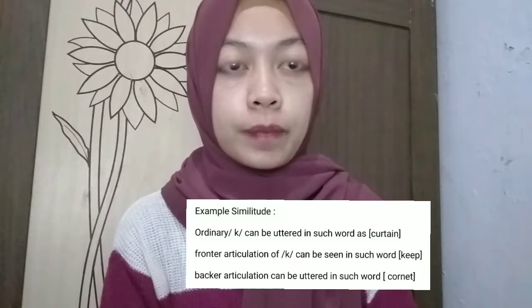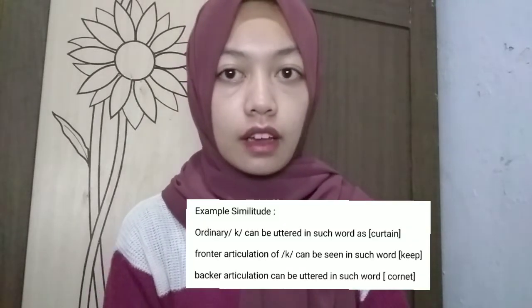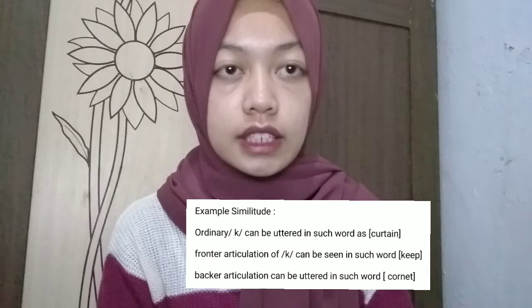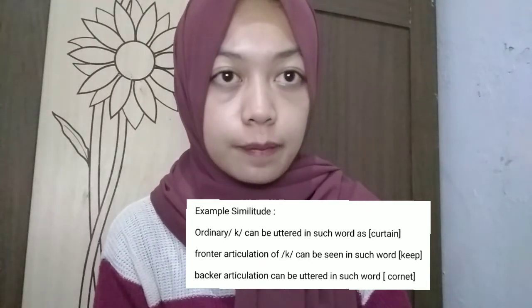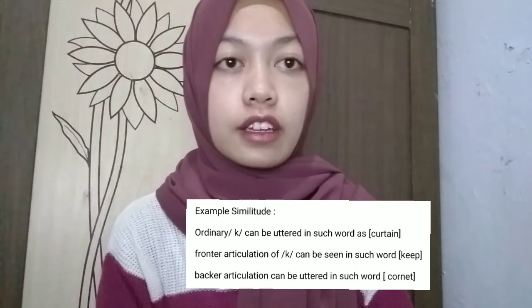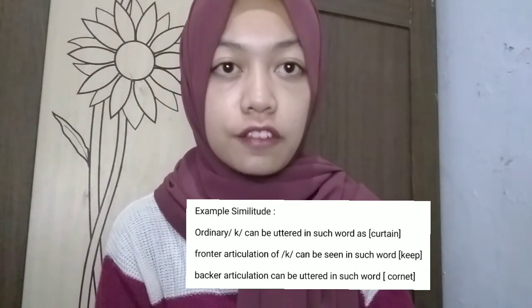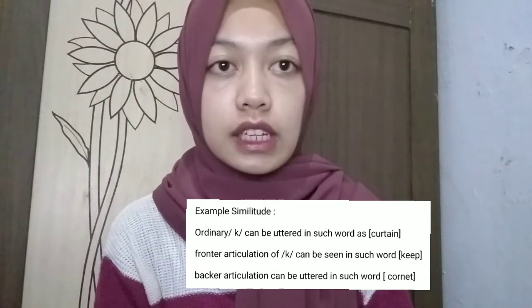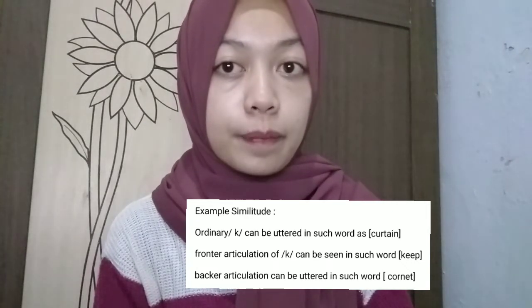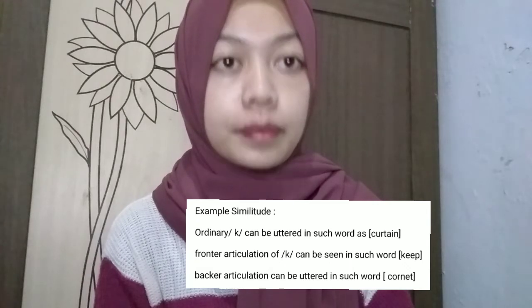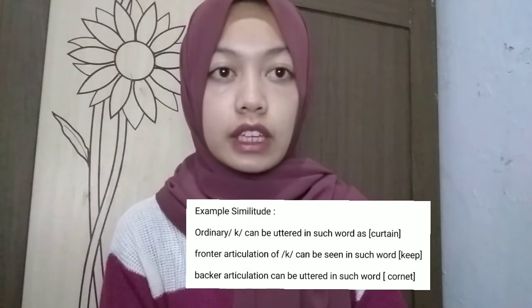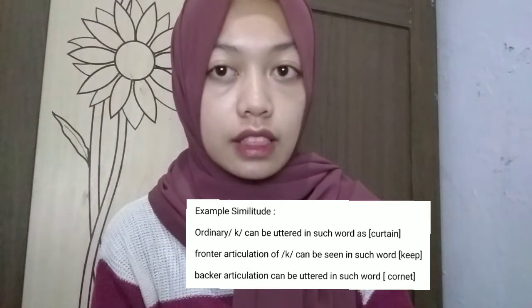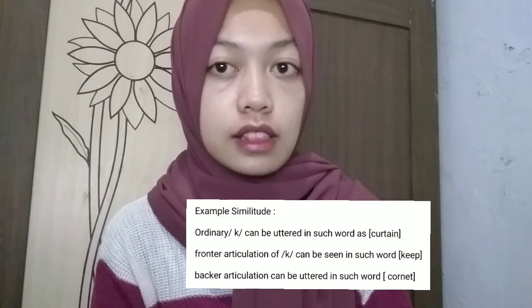For example, ordinary K can be uttered in such a word as curtain. And then the frontal articulation of K can be seen in such a word as keep. And then the backer articulation can be uttered in such a word as cornet. You get the point?